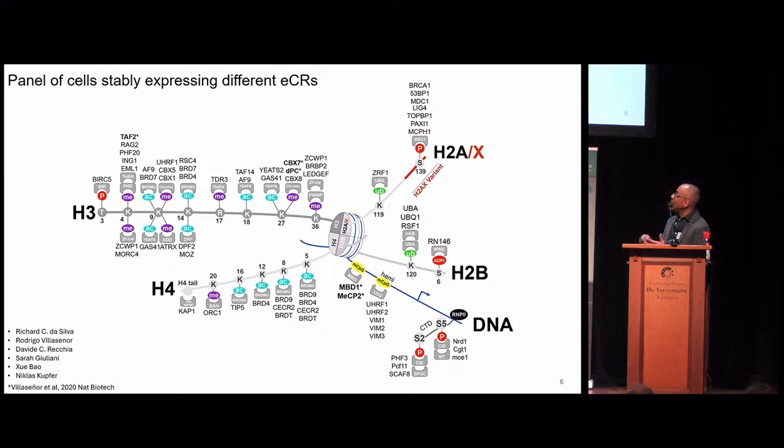We created a big panel of cell lines expressing different readers with different flavors towards different chromatin modifications. We are still currently characterizing many of these readers and their affinities toward different chromatin modifications, to use this as some sort of affinity tool or affinity reagent to ask questions pertaining to chromatin biology.